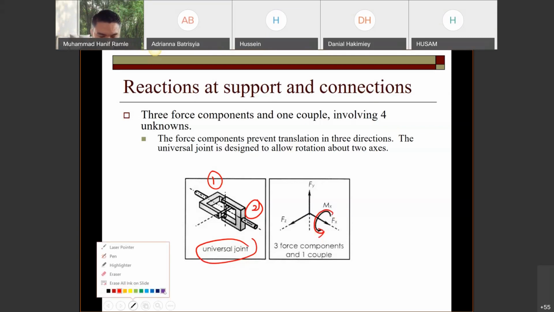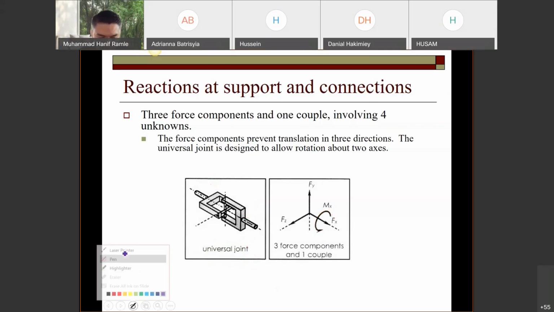Are you clear about this one, guys? Yes, Doctor, very simple. Okay, so let me explain on the screen. This purple rigid body cannot rotate this way, but this way it can be rotating.